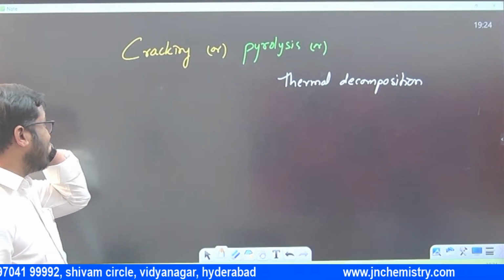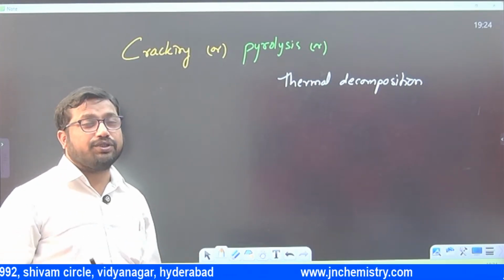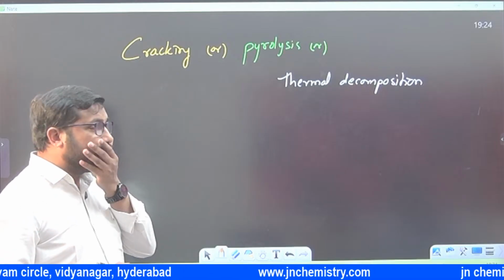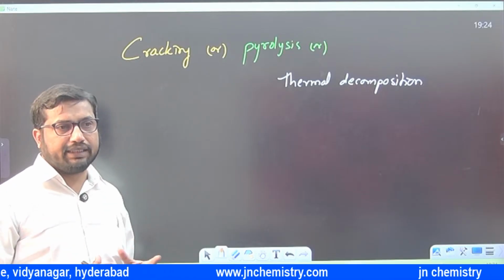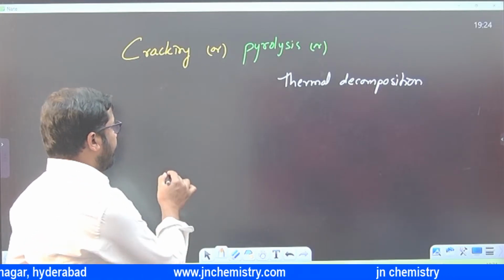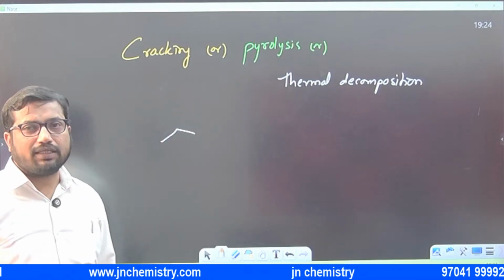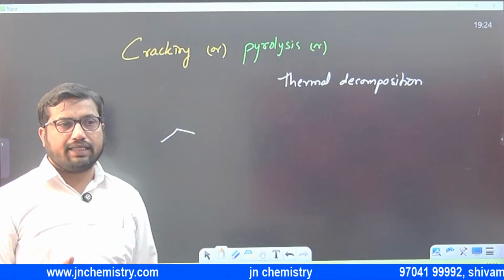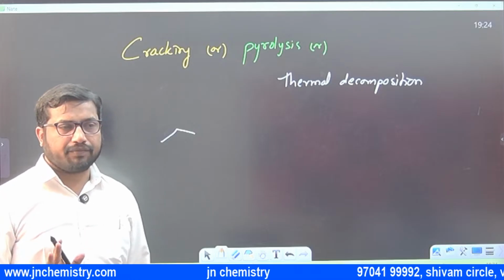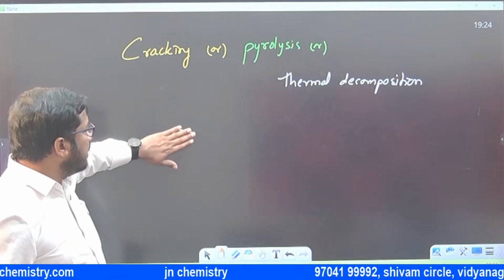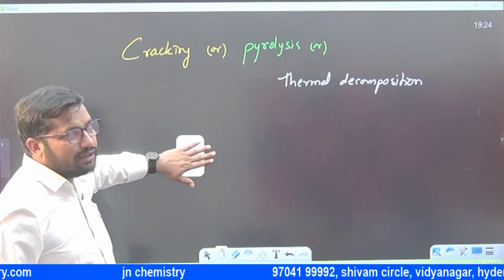So this is cracking or pyrolysis or decomposition. In the absence of oxygen, we are just heating, right? For example, when thermal pyrolysis takes place, lower alkanes and alkenes we will get. Lower alkanes and alkenes means what?